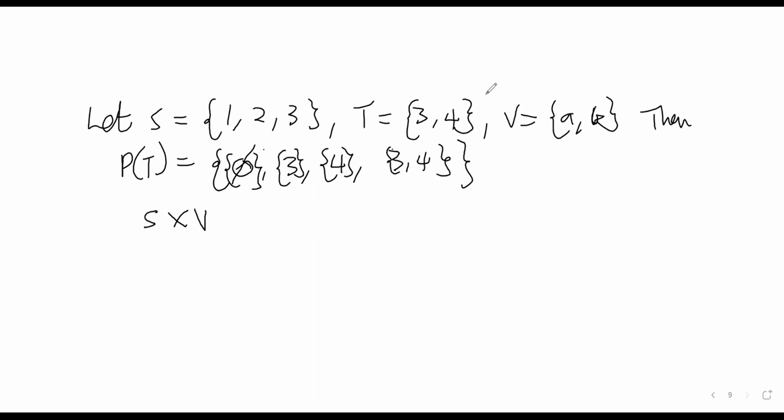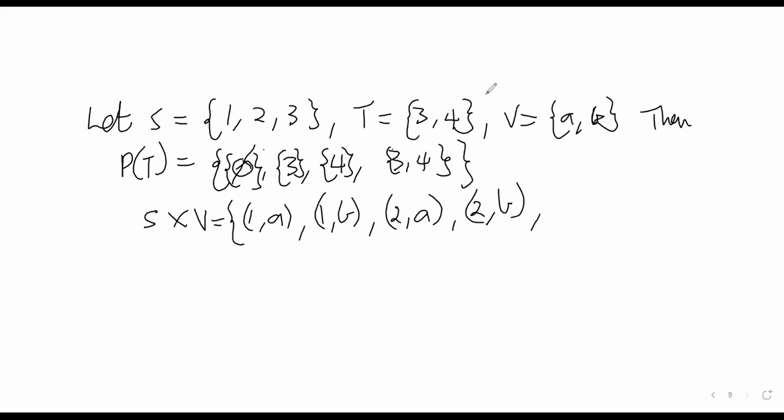So crossing S and V will give us 1A, 1B, 2A, 2B, 3A, and 3B.